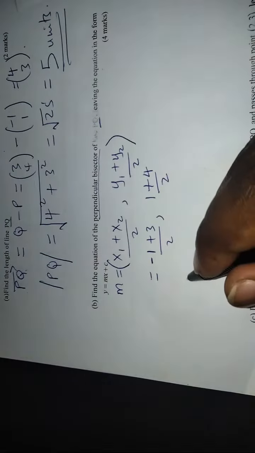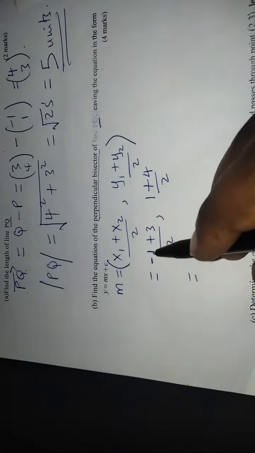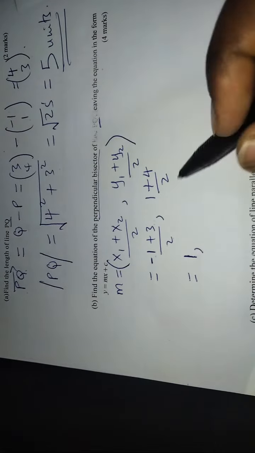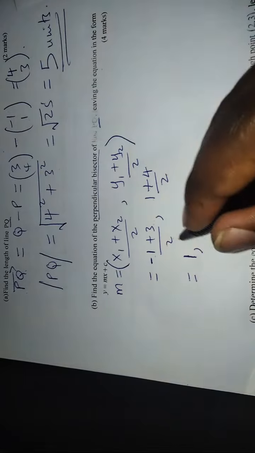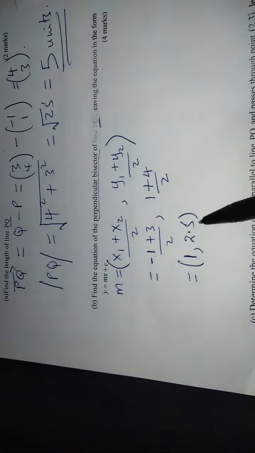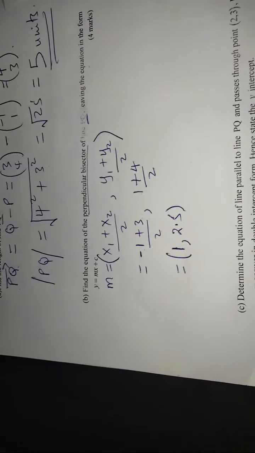Therefore, the coordinate is going to be positive 2 out of 2, which is 1. This is going to be 5 out of 2, which is 2.5. So this is the midpoint of PQ. That is the point where the perpendicular bisector passes.